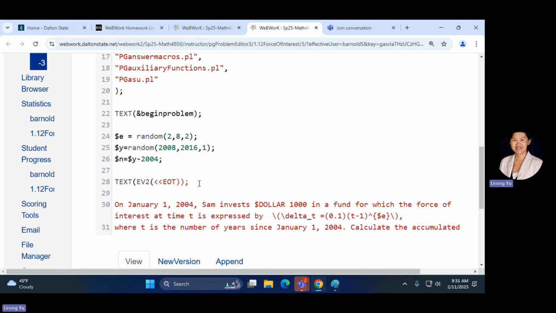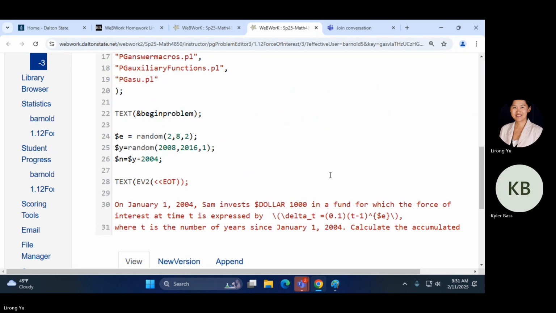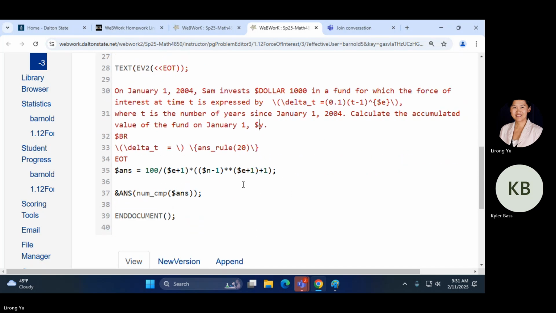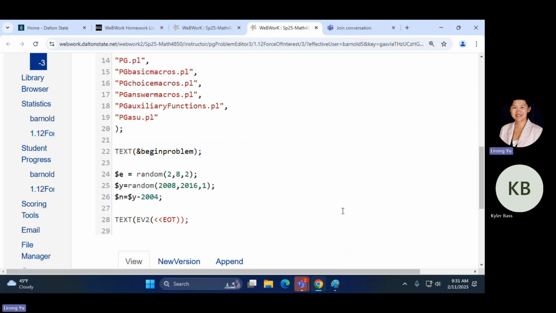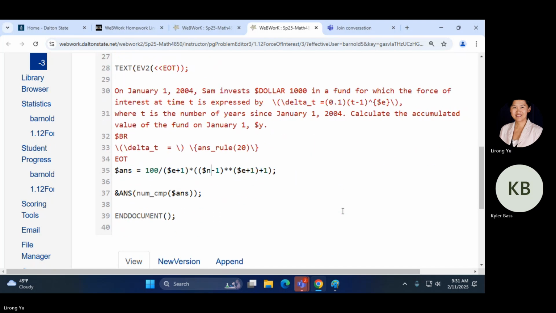Only plus 1 was that's n. Right, sometimes.